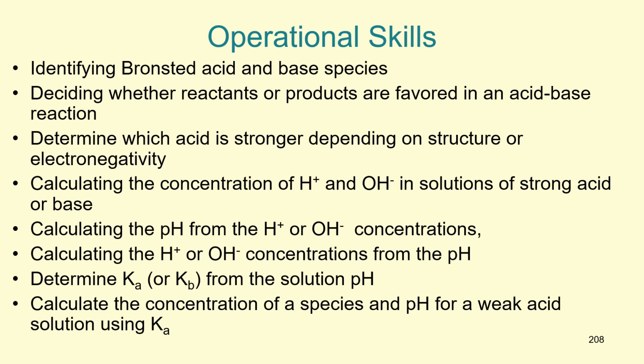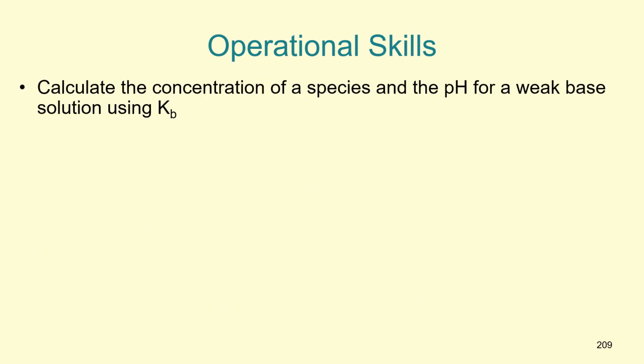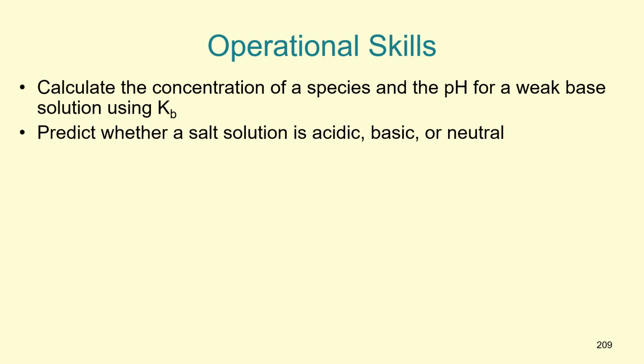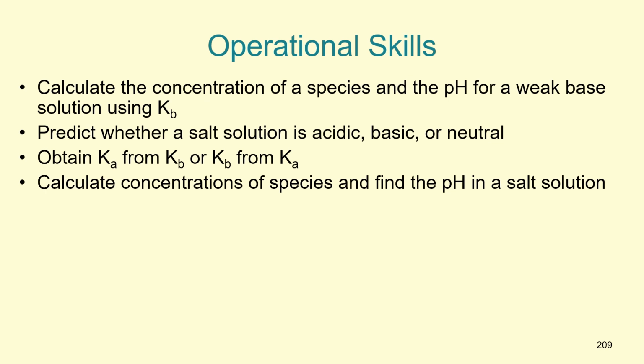Calculate the pH if you know the Ka or Kb. Calculate the concentration of species and the pH for a weak base if you know the Kb. Predict whether a salt will be acidic, basic, or neutral. Be able to find Ka from Kb or Kb from Ka, and know when you need to do that. Be able to calculate concentrations of species and find the pH in a salt solution.